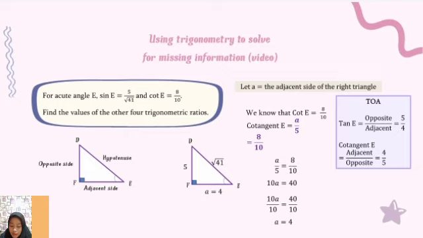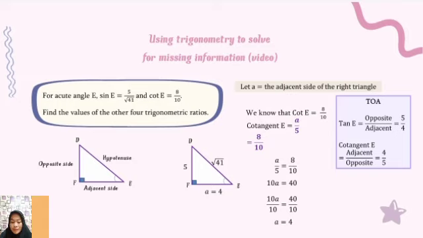For acute angle E, sin E equals 5 over square root of 41 and cot A equals 8 over 10. Find the value of the other four trigonometric ratios.